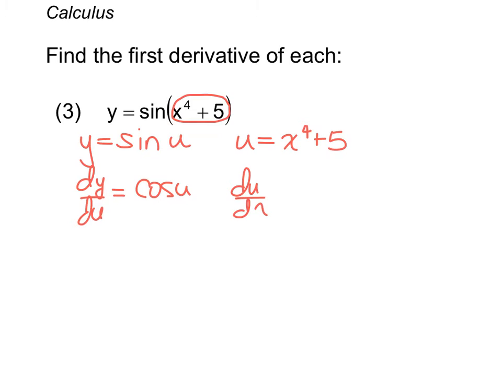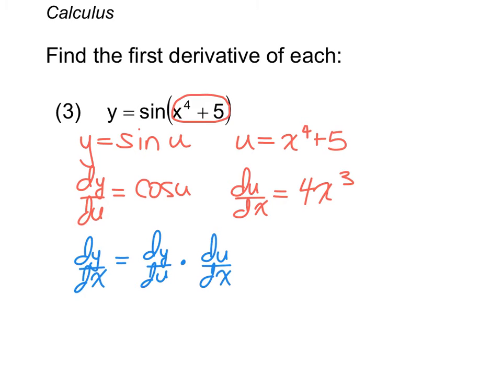Du dx, you've asked the same, or different variations of the same problem like 4 times already. 4x cubed. So dy dx would be the product of dy du and du dx. dy du is cosine u. du dx is 4x cubed.